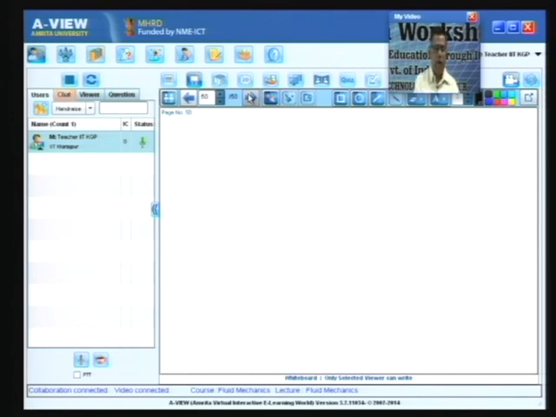Now, we will consider a fluid element which is a wedge. So, if this is the x direction, this is the y direction.